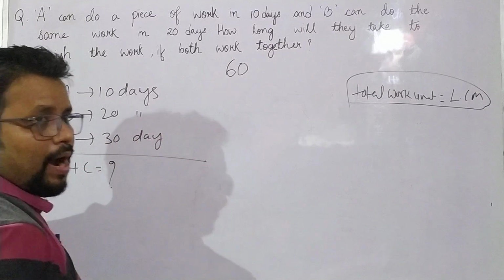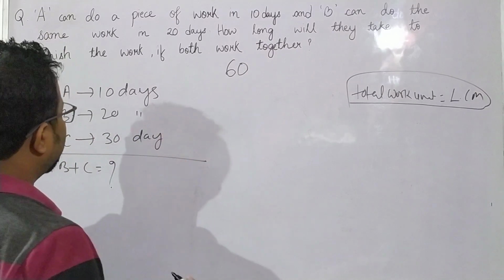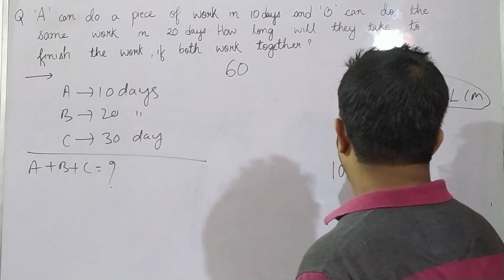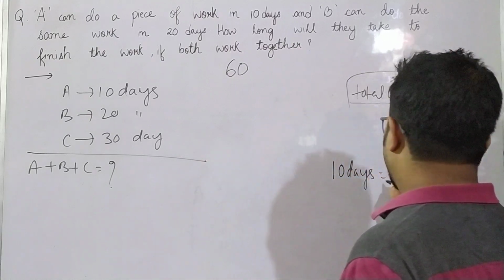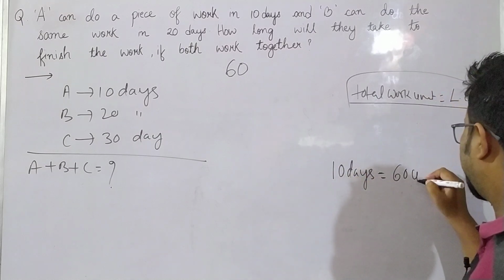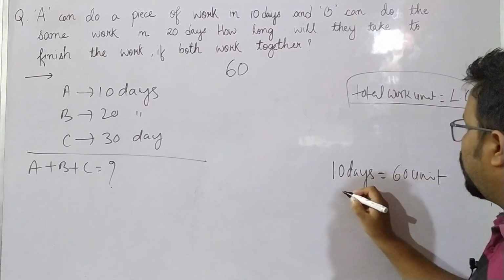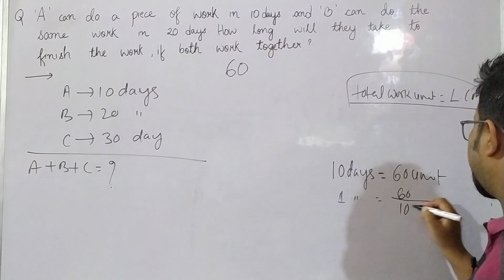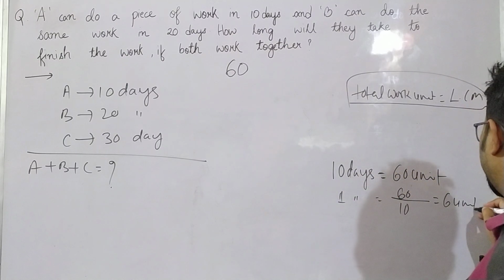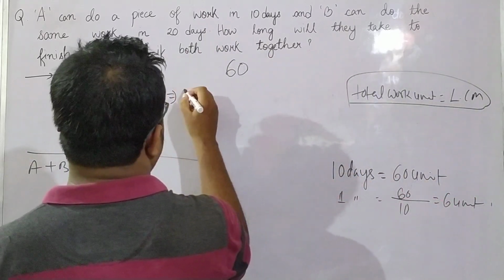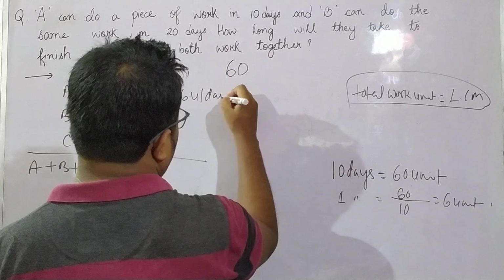Again, we will do it in the same way. In 10 days A does 60 units. In 1 day A does 60 by 10, which is 6 units per day.